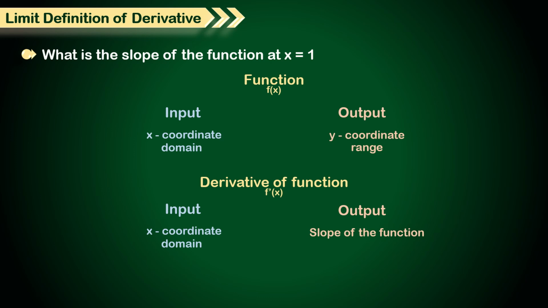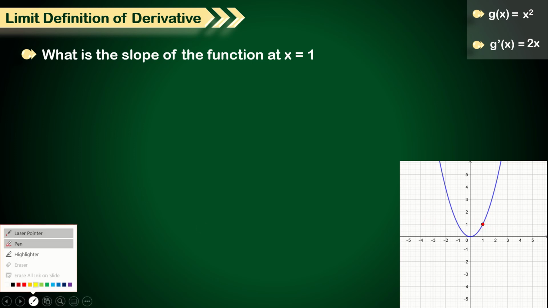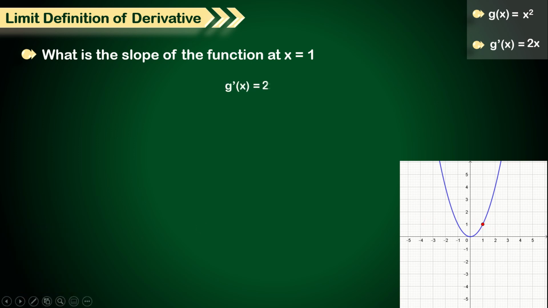Let's have a clearer and concrete view of the question. Using the graph, this is the point on the curve that we are solving for the slope of the function. To answer this question, let's use the derivative of the function to find the slope at the given point. The derivative is 2x.